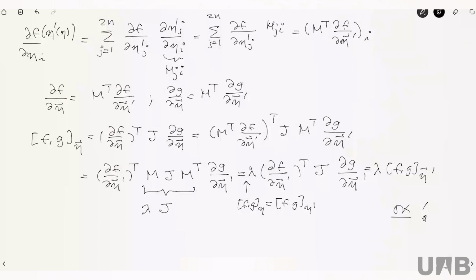Okay. Now, the last property of Poisson brackets that we're going to discuss is what is called the Jacobi-Poisson theorem.